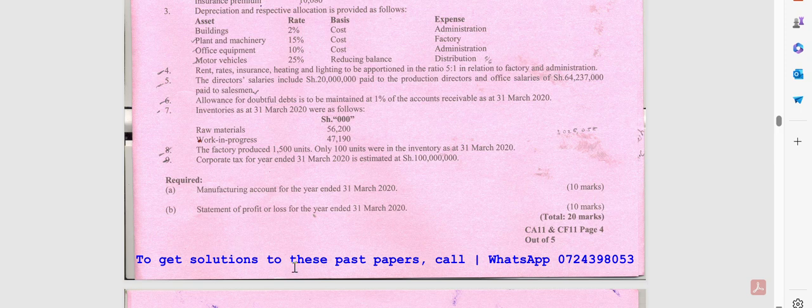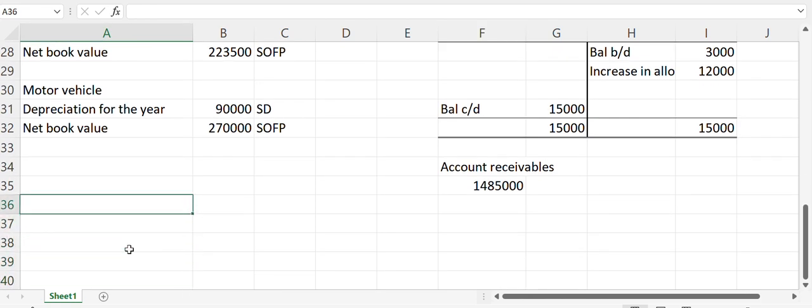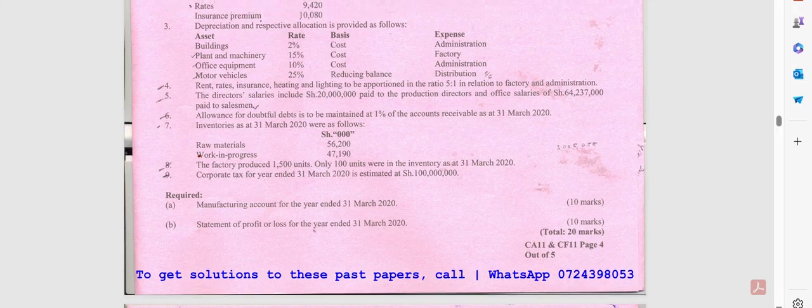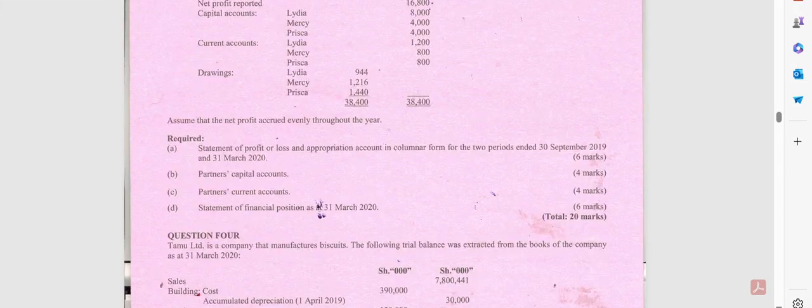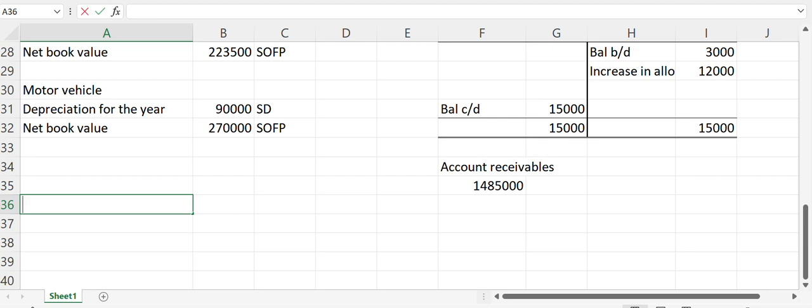Then we are told the corporate tax will be 100,000. So we are required to open the manufacturing account. So let us now open these accounts. Okay, so we are done with the adjustments. So I'm going to open it somewhere here. The name of this business was Term Limited.